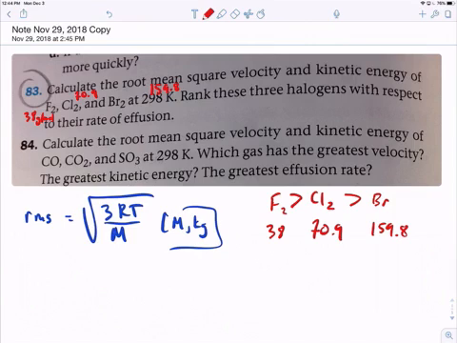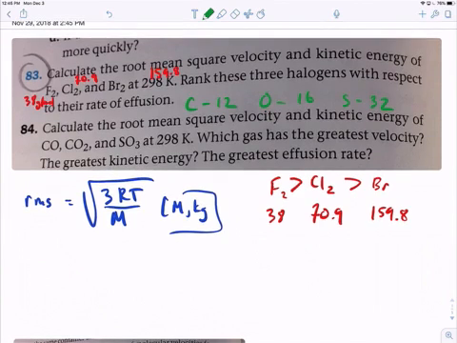Let's see what you think about the next ones. Carbon's 12, oxygen 16. Sulfur's 32.06. Oh, I'm supposed to calculate the root mean squared velocity. I'm sorry, I should do that for one of them. I'll do it for fluorine.